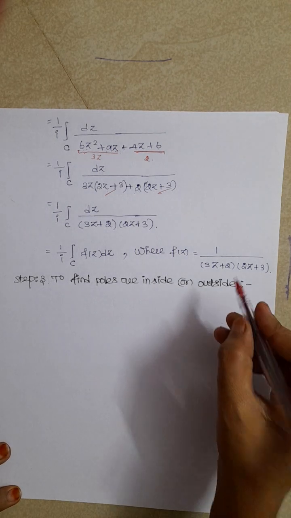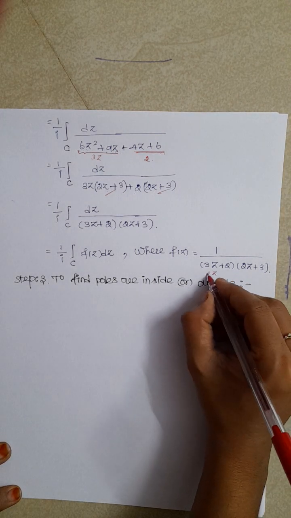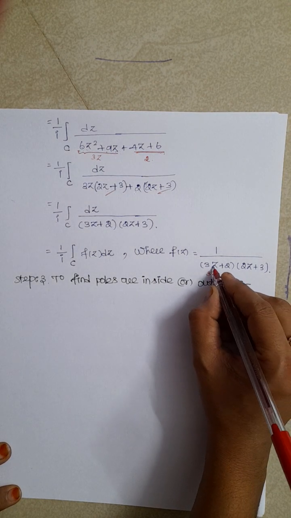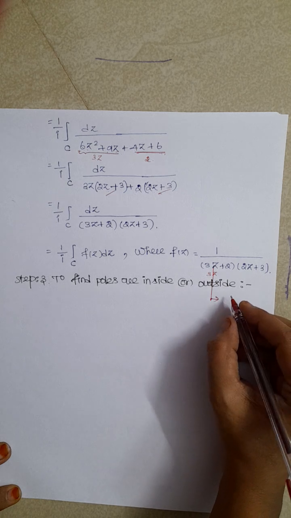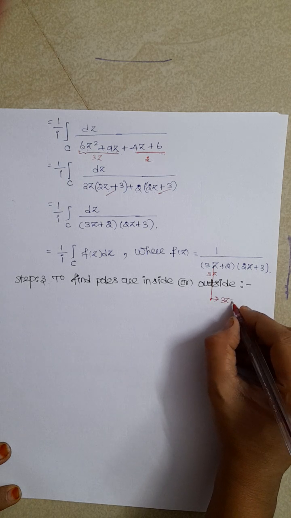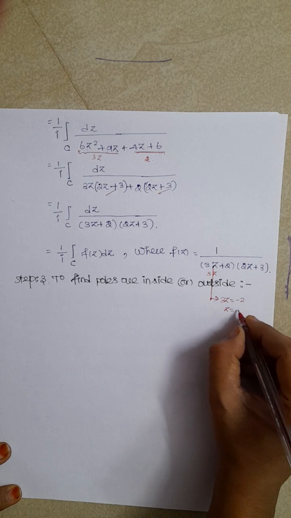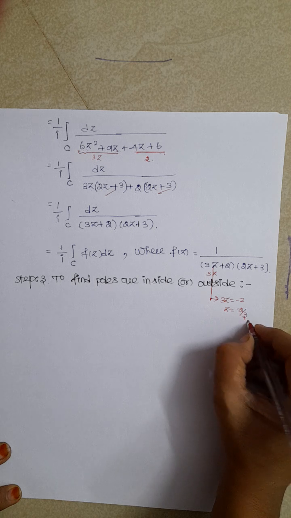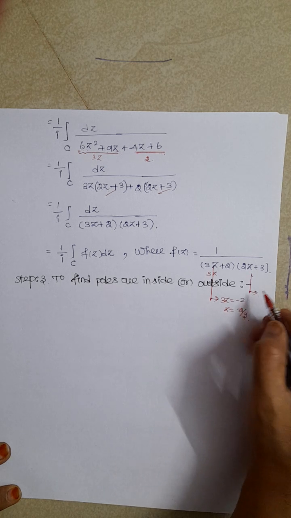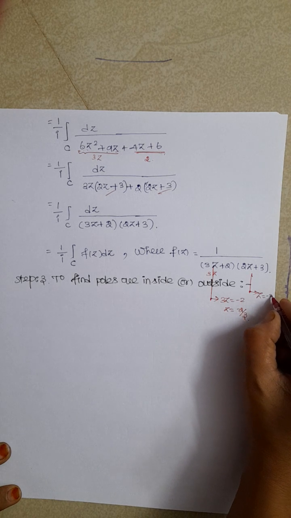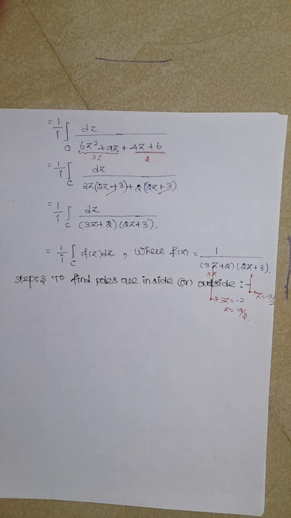How to find the poles? So here, 3z plus 2 equal to 0, so 3z equal to minus 2, z equal to minus 2 by 3, and 2z plus 3 equal to 0, so z equal to minus 3 by 2.